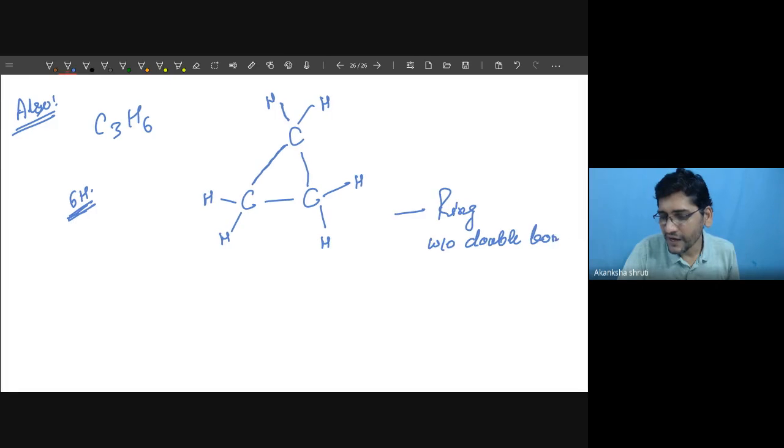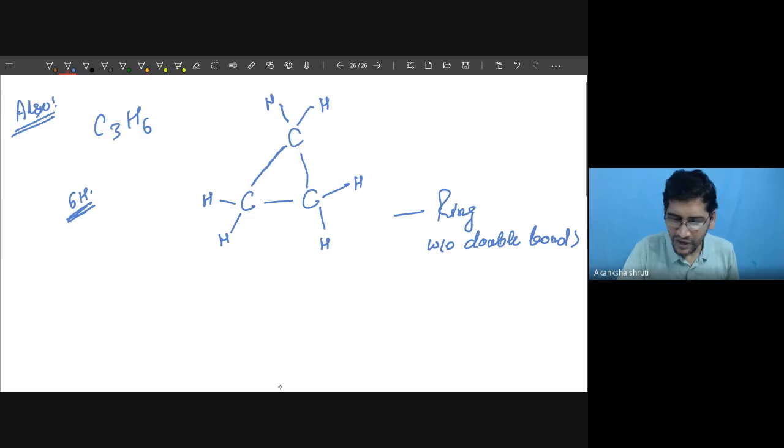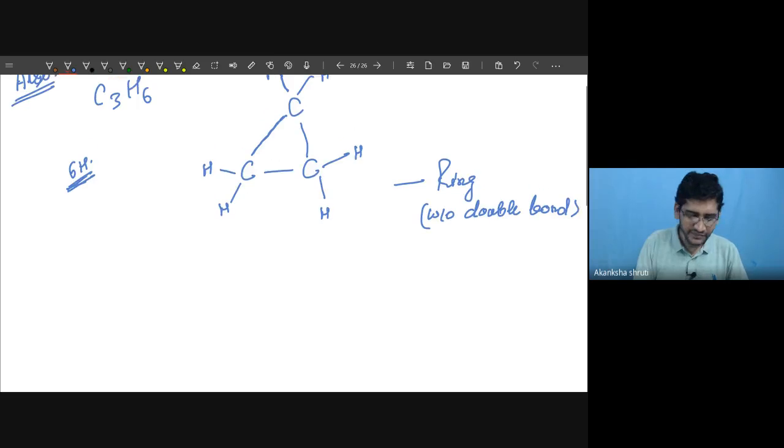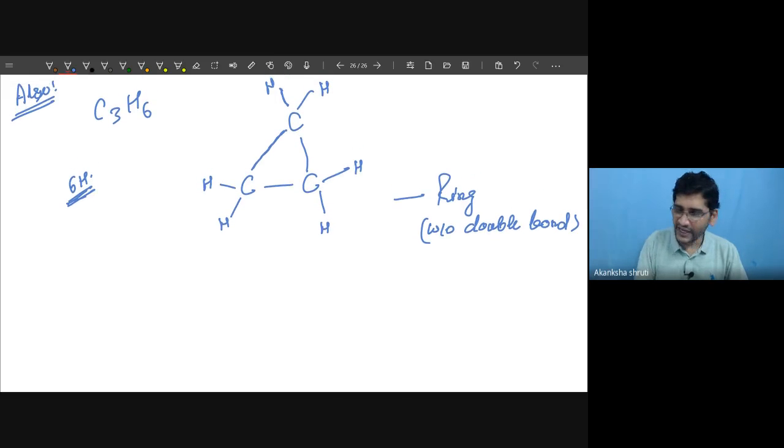This we have to keep in mind. Because if you draw the double bond at any position, then the 6 hydrogen given will not be accommodated.